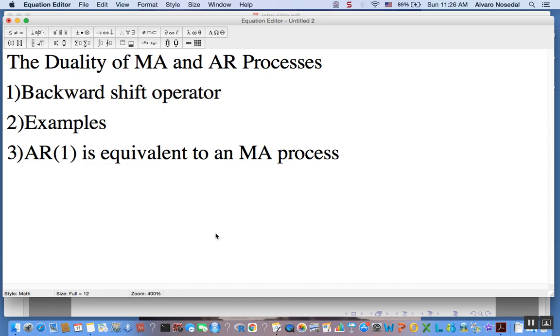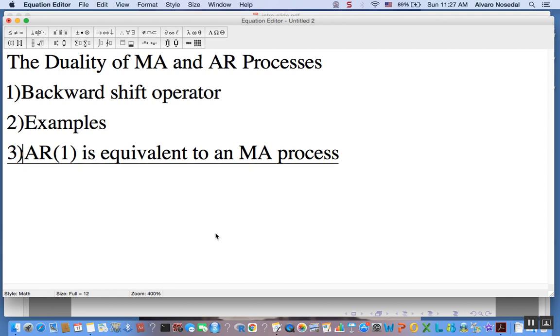So let me show you what's the plan for this video. The main idea is discussing the duality of moving average and autoregressive processes. I would like to talk about three things. The backward shift operator, which we're going to introduce in this video. It's going to help us write in a more compact fashion the equations that define our time series processes.